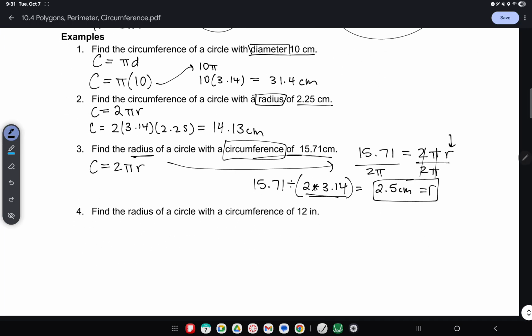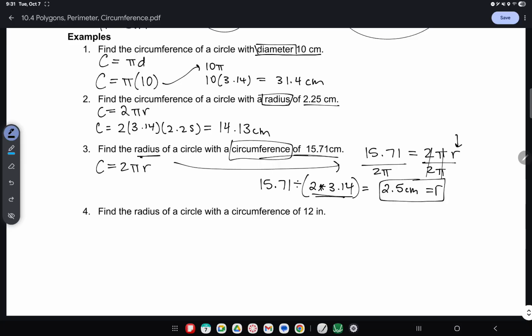Let's do another one. So find the radius of a circle with a circumference of 12. So same formula, C equals 2 pi r. I know the circumference, it's 12. And then 2 pi r. So same idea as the last problem. Divide both sides by 2 pi so that we can get what r is.